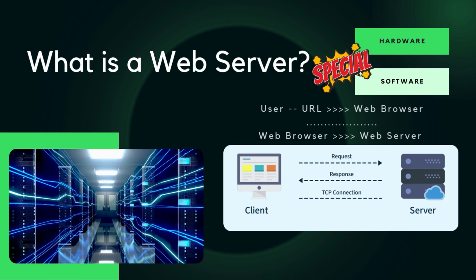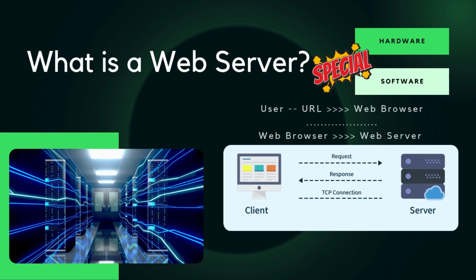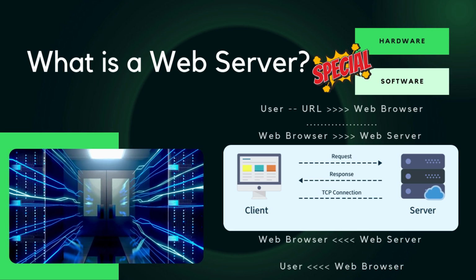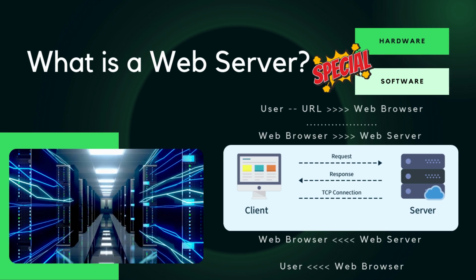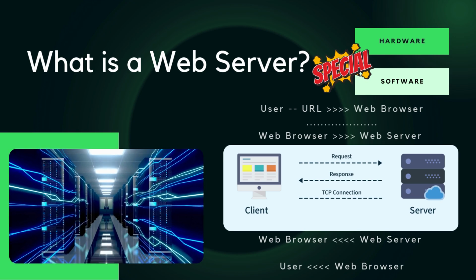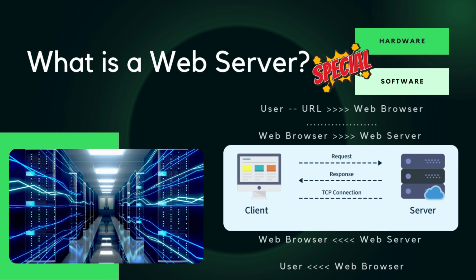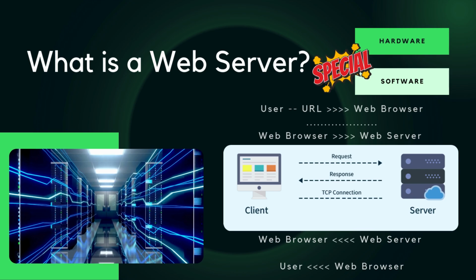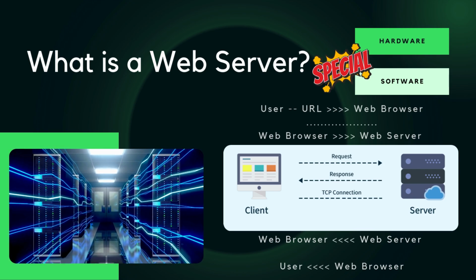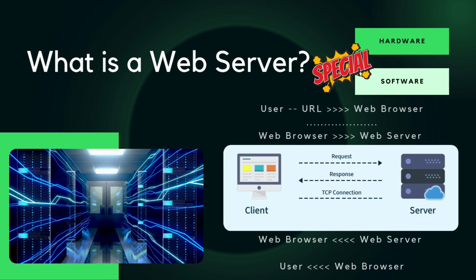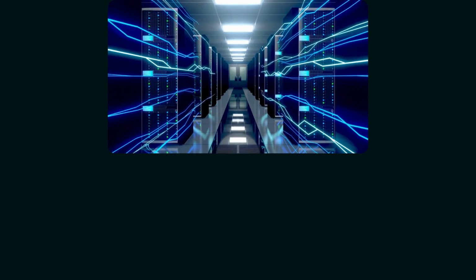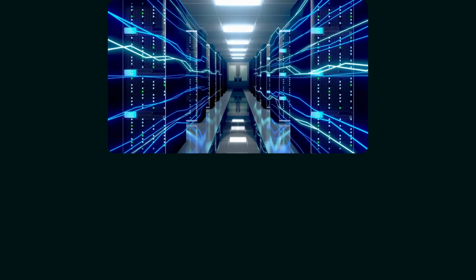The web server's job is to process that request and send back the response together with any resource that is needed, be it the HTML file, CSS file, JavaScript files, images, you name it. When it gets back, the browser will be able to interpret it and display that web page. All of that happens in a split second, and that's only because our web server is working hard behind the scenes to get all of this done.